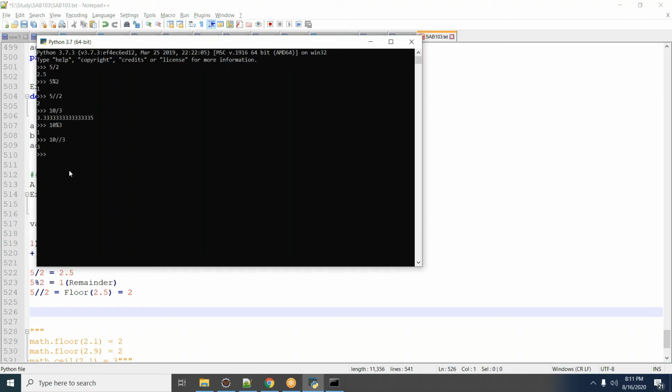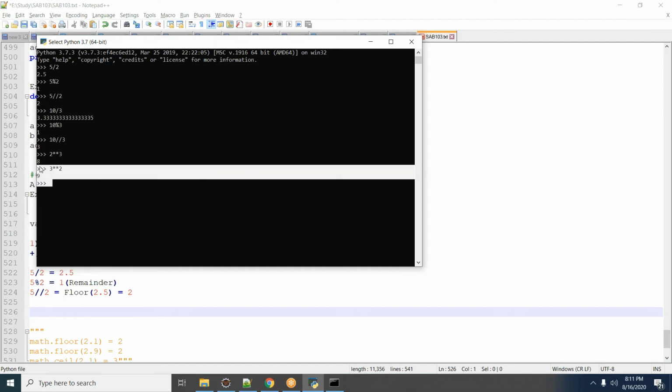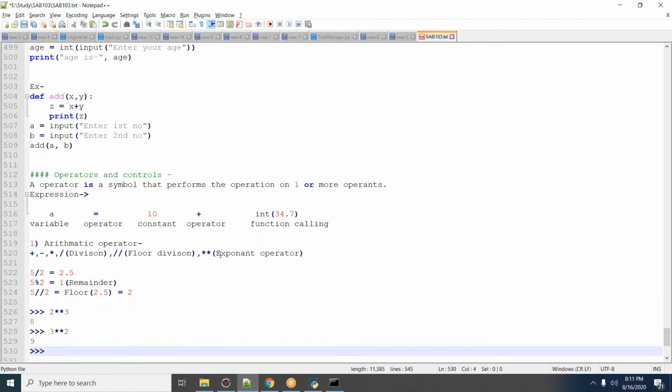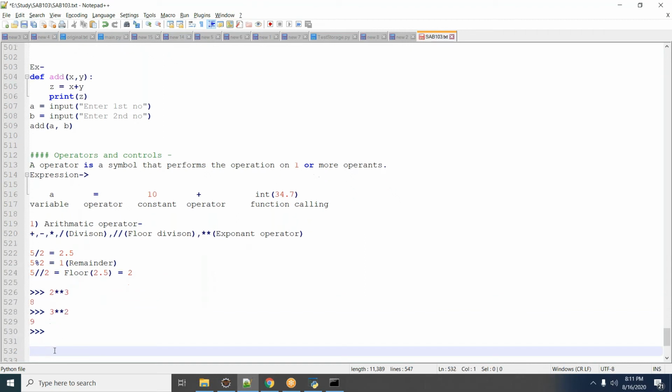So here you can do it like this: 2 to the power 3, the output will be 8. 3 to the power 2, the output will be 9. So we also have the exponent operator here. I hope you are all aware of what 2 to the power 3 and 3 to the power 2 are. We are not discussing more about this maths concept, because this is not a maths class.